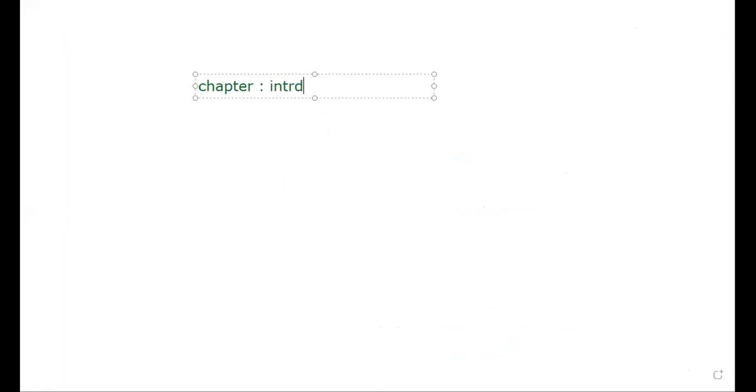Introduction requires a minimum of 10 to 15 pages. Introduction means about the subject, why you selected the subject, how it is essential, what is the background of the study, everything should be here.